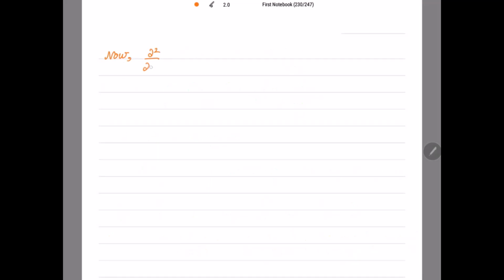Curly square over curly x square of x r the power minus 3, this is equal to curly over curly x of curly over curly x. Let's differentiate this first with respect to x; we have to differentiate 2 times.